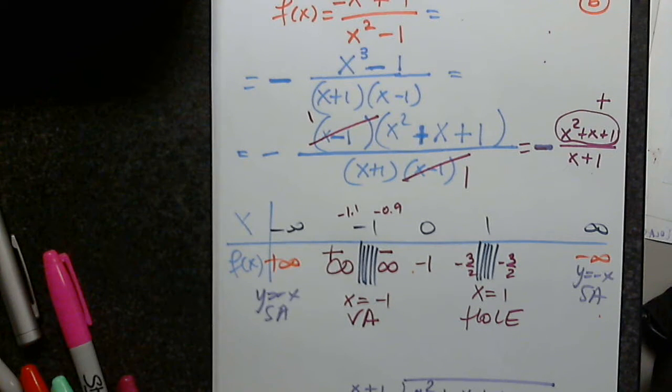So on this side, from negative infinity, crossing the y-axis at 0, -1, it does not touch the x-axis. Goes through that point, 1, -1.5, and it drops towards negative infinity, approaching the slant asymptote.